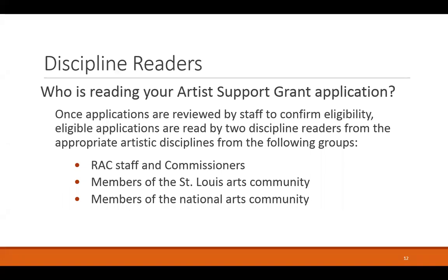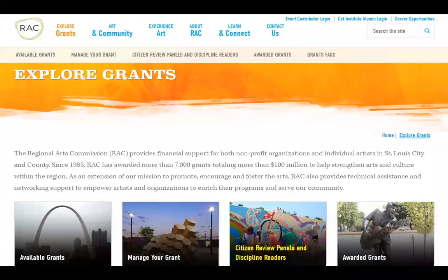So once the applications are reviewed by staff, those eligible applications are then read by 2 discipline readers from the discipline that you selected from the following groups. And just so you know, discipline readers are people who have experience in the discipline you selected.